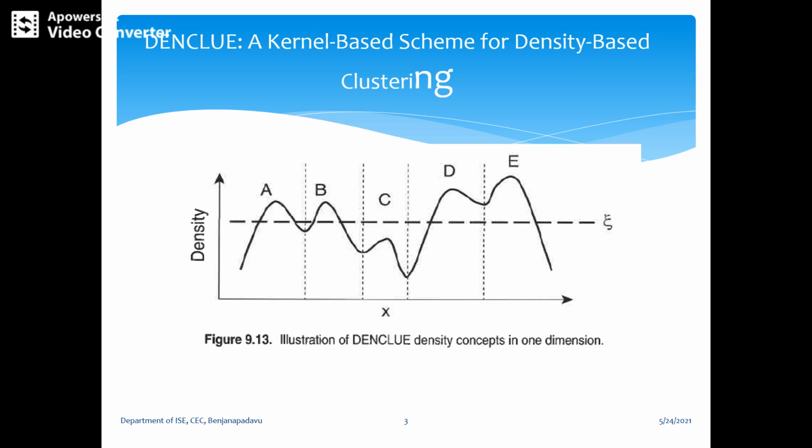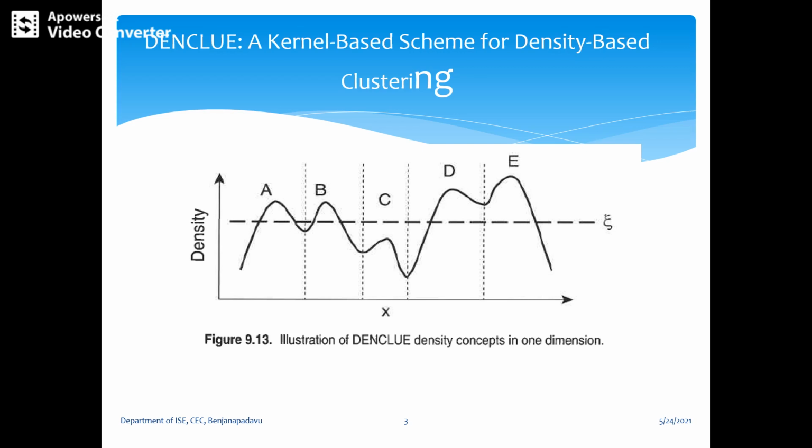Here we illustrate this concept with an example of the DENCLUE density concept in one dimension. In this diagram, the x and y directions are the axes and A, B, C, D are density peaks. In this possible density function for a one-dimensional data set, the points A to E are the peaks of this density function and represent local density attractors.